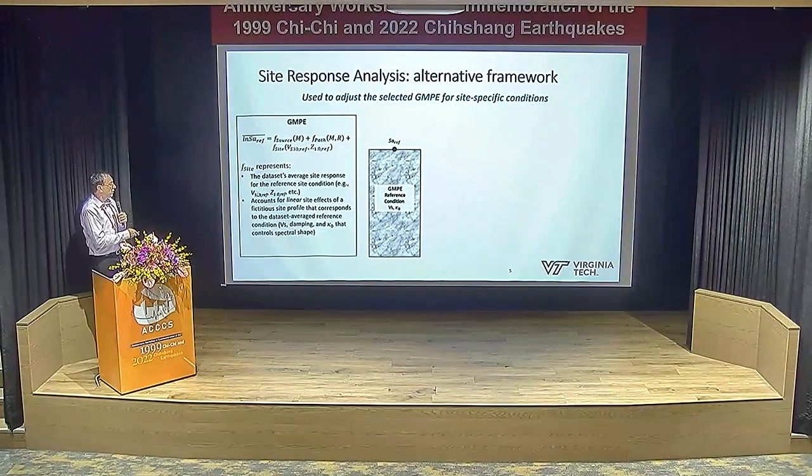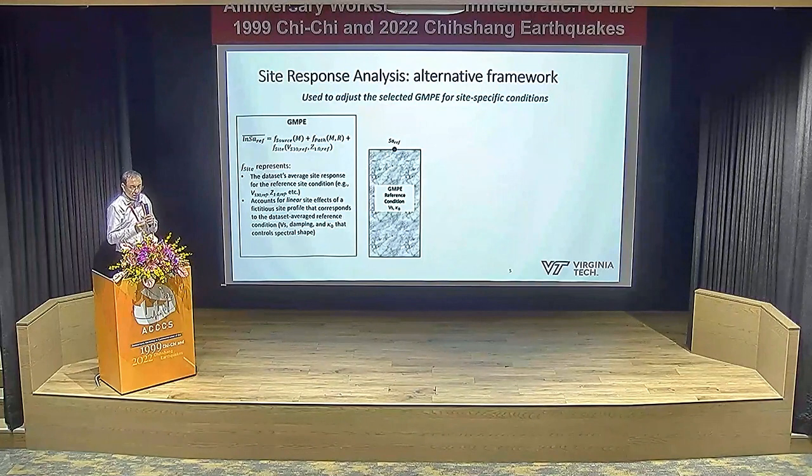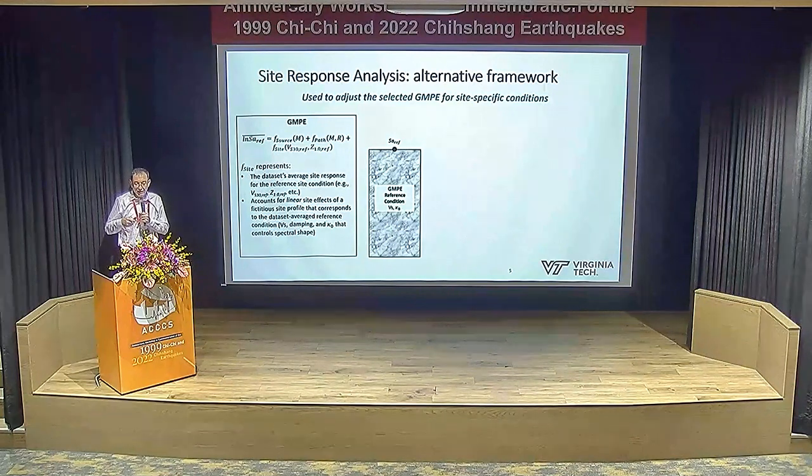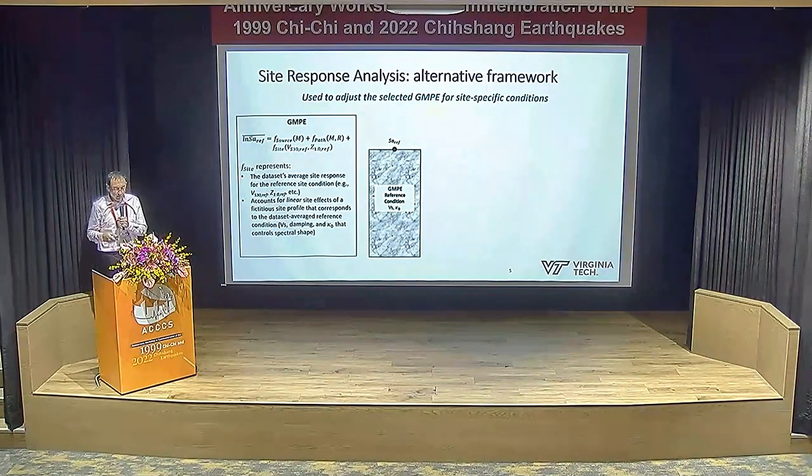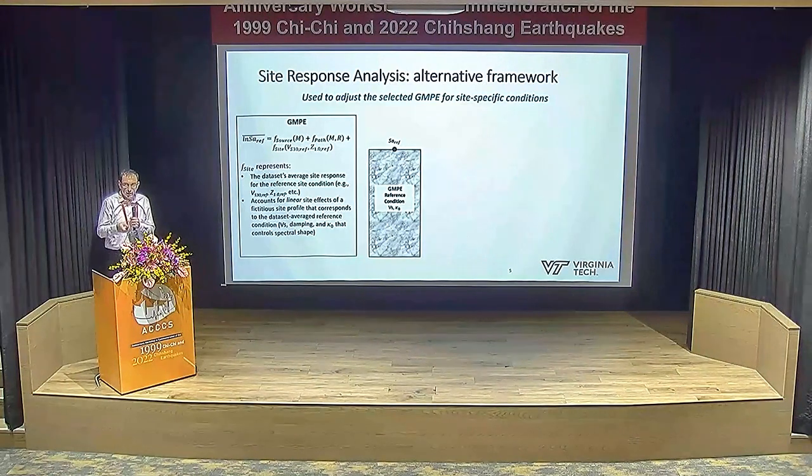So typically, we're talking about VS30 or Z1.0. And generally, if we can assume that this reference condition is linear, then our response is capturing the average network response, including the effects of the VS profile, the effect of damping, and kappa naught that correspond to that reference condition.